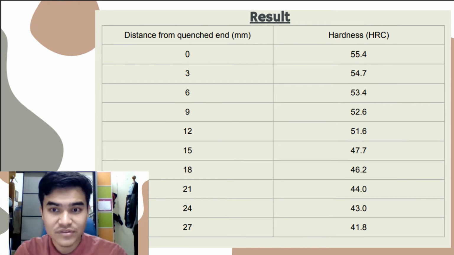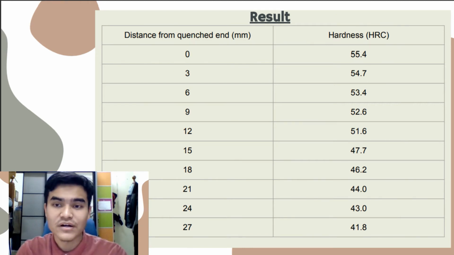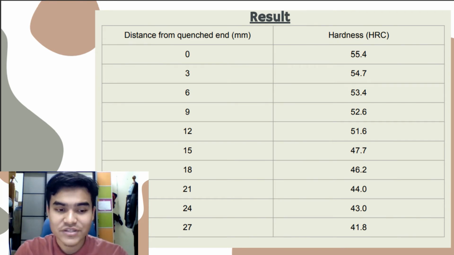If the distance is 0 mm, the hardness will be 55.4 HRC, 3 mm is 54.7 HRC, 6 mm 53.4 HRC, 9 mm 52.6 HRC, 12 mm 51.6 HRC, 15 mm 47.7 HRC, 18 mm 46.2 HRC, 21 mm 44 HRC, 24 mm 43 HRC, and the last one is 27 mm distance, and the hardness will be 41.8 HRC.